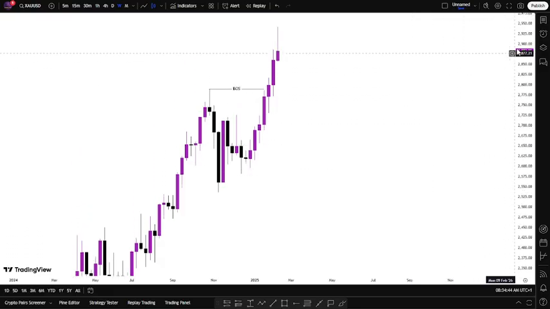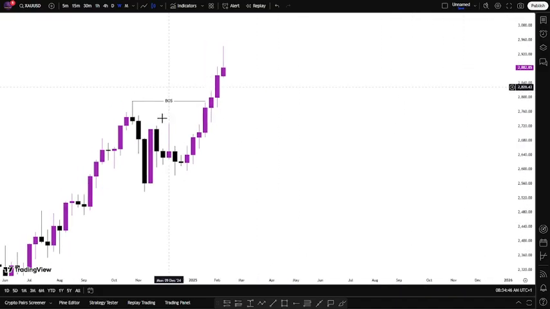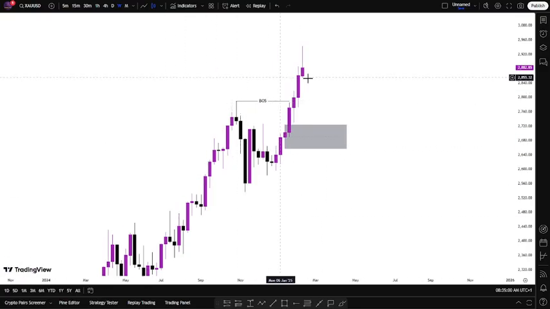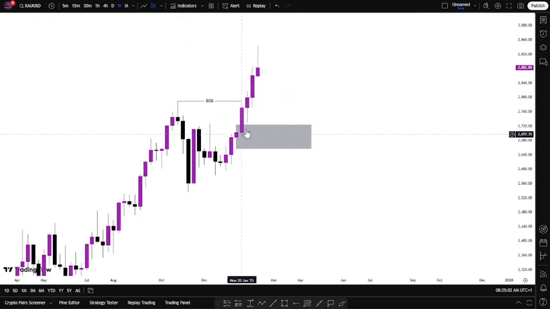Now I've seen my range. Now I want to look for my demand. My demand must have imbalance. So this is my demand. This sponsored the move up. Now imbalance, right? We have imbalance here.